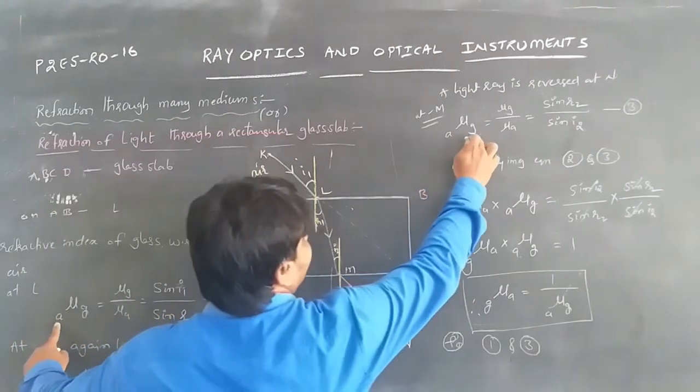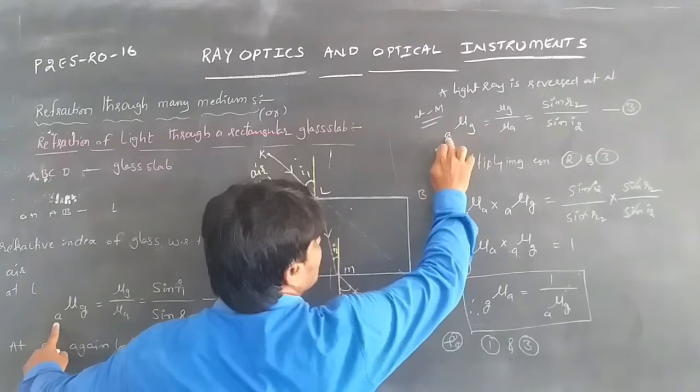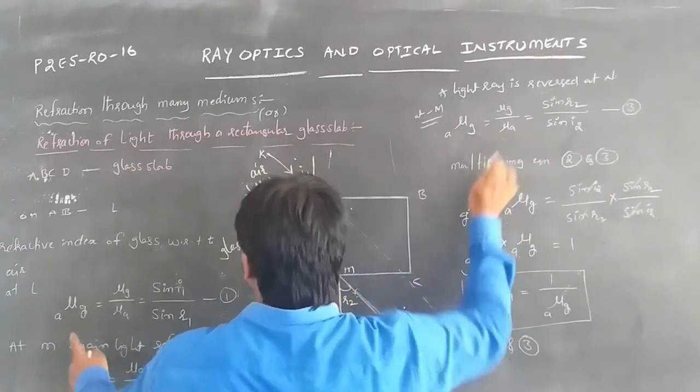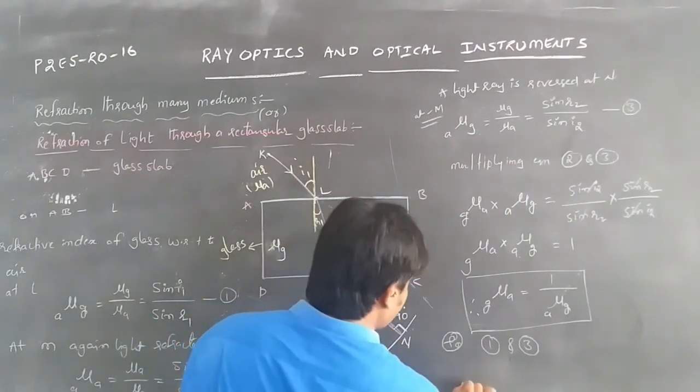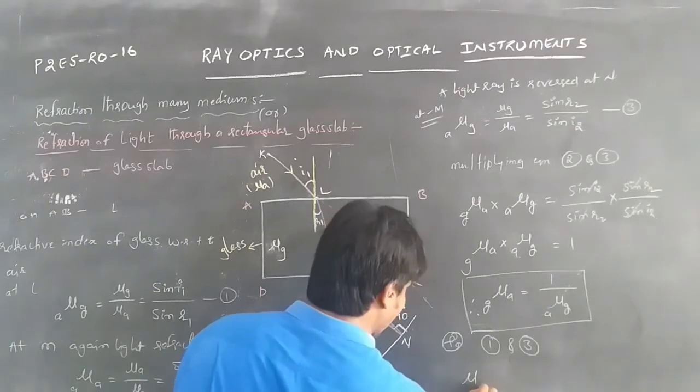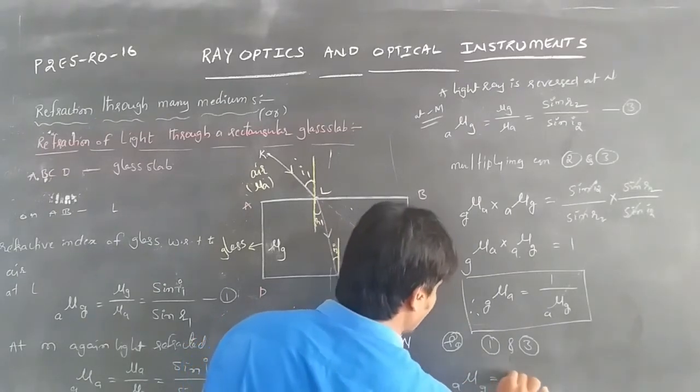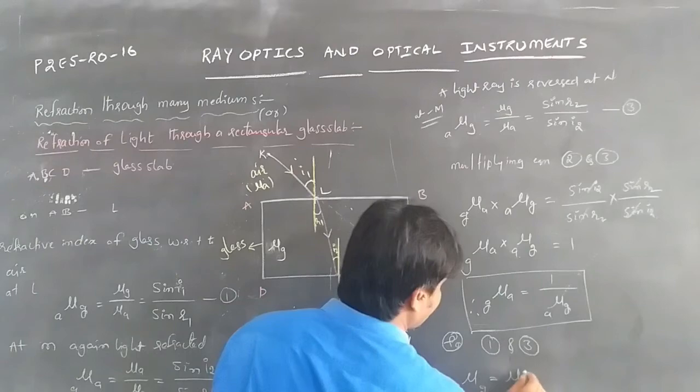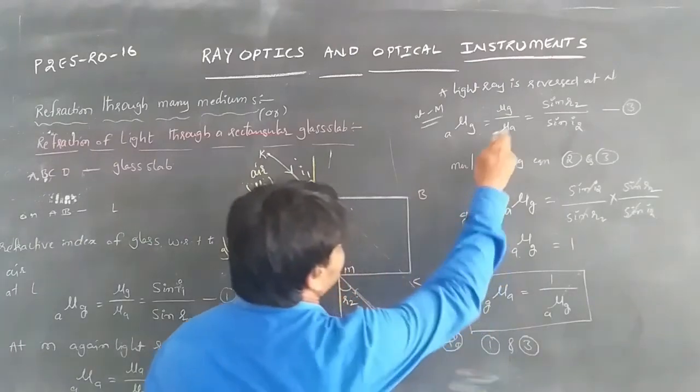So both equations can be the same, and the refractive index of the glass with respect to air is given by equation number 3.